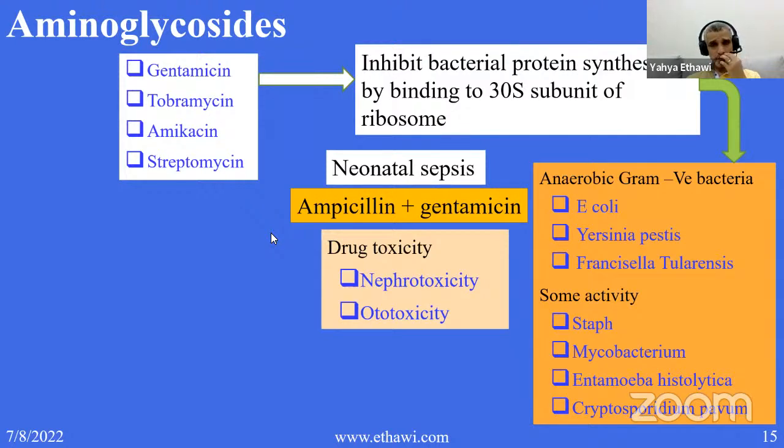So they should not be used with any community acquired disease. And that's why, for example, in neonatal sepsis, we use ampicillin and gentamicin when it is inborn. But if the baby went home and developed some problem to rule out infection, gentamicin is not a good choice.